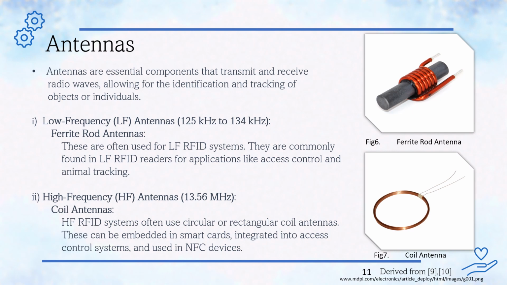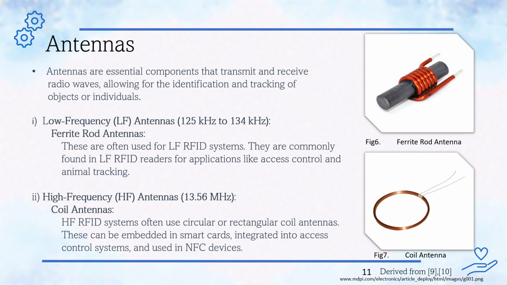The antennas used are ferrite rod antennas. As seen in the pictures, they are an iron rod wound with a wire. These are often used for LF RFID systems, and they are commonly found in LF RFID readers for applications like access control, animal tracking, etc.